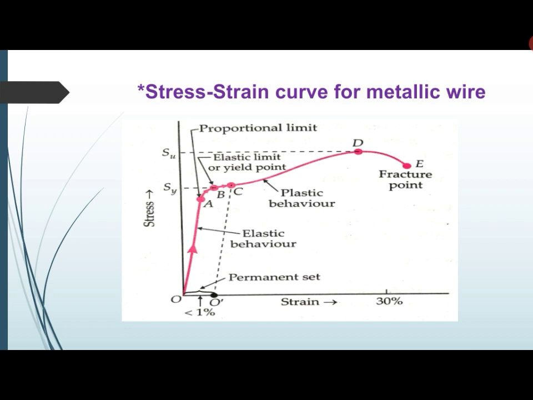Now beyond this point D, that is the tensile strength point, the thinning of wire is not uniform.